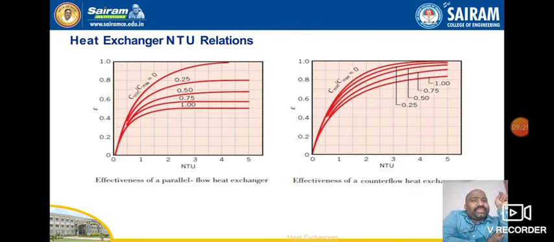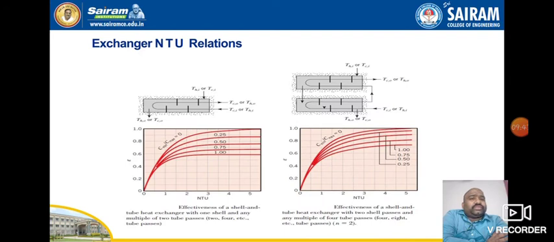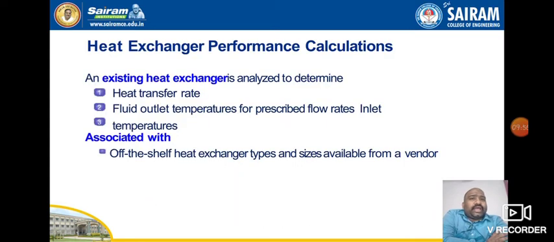If you know C minimum and C max, you can find epsilon or NTU, or vice versa. For both counterflow and parallel flow, we can find the values of NTU as well as effectiveness. This is again for different kinds of tubes, having different formulas.